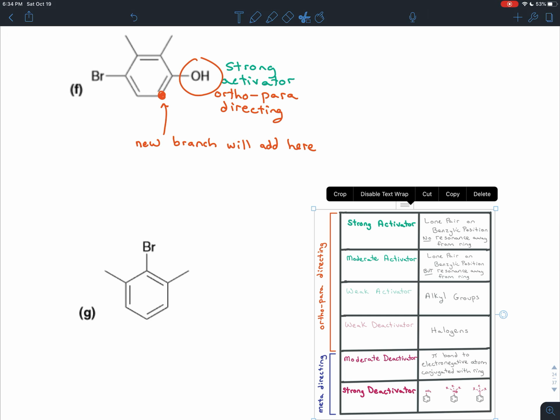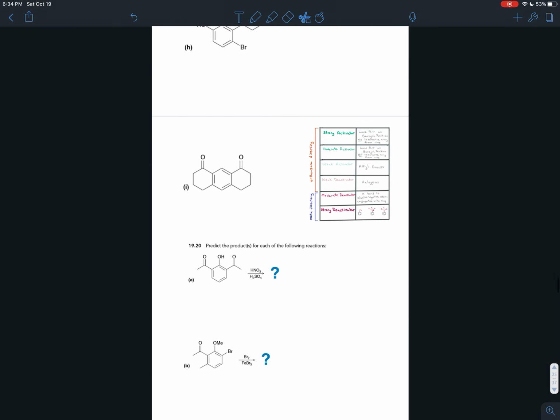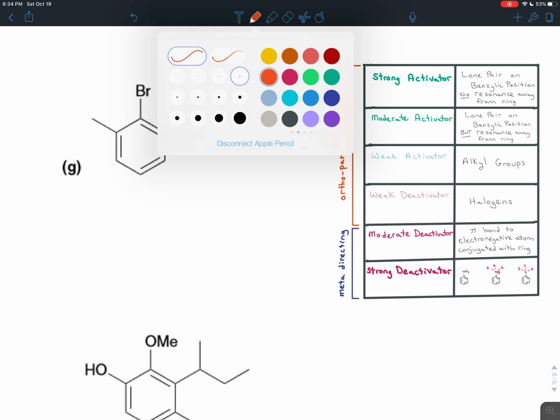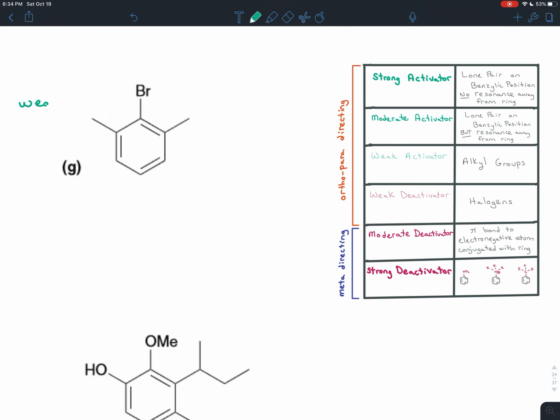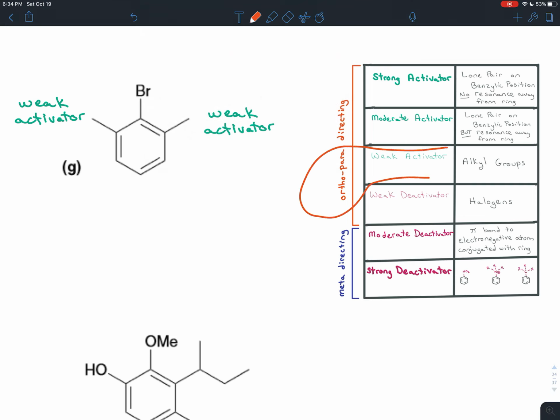Okay, so now let's look at this ring, this for G. And for G, we have a few different branches. First, we have two alkyl branches. Those are both weak activators. And all activators are ortho-para-directors.